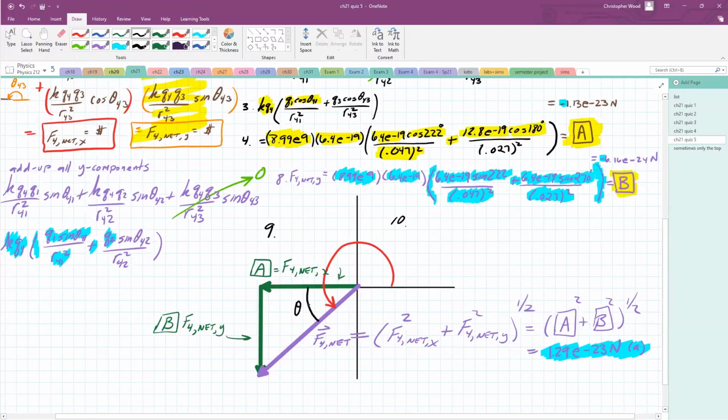This is a right angle triangle, so you can use SOHCAHTOA and trig. For this triangle, tangent of theta equals side opposite over side adjacent. Side opposite is sitting there in memory location B, and side adjacent is sitting there in calculator memory location A.